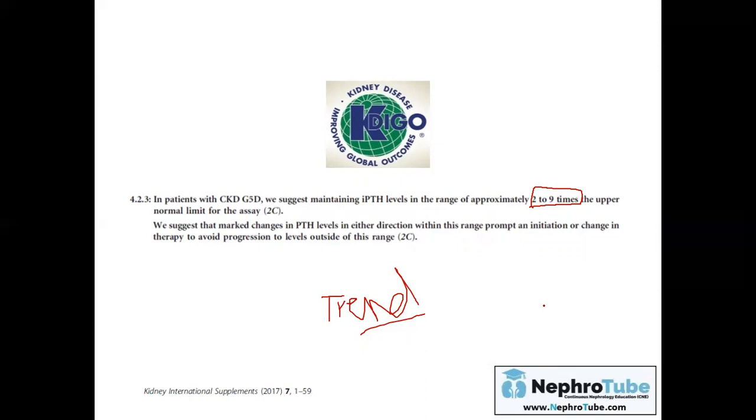So the trend of this patient's PTH is constant or near constant. But if you have a patient with a PTH of 250, and the next PTH after 3 months is 300, and the next after 3 months is 450, the trend is increasing. So here there is a problem. You have to reconsider modification of the management of the drugs of this patient.